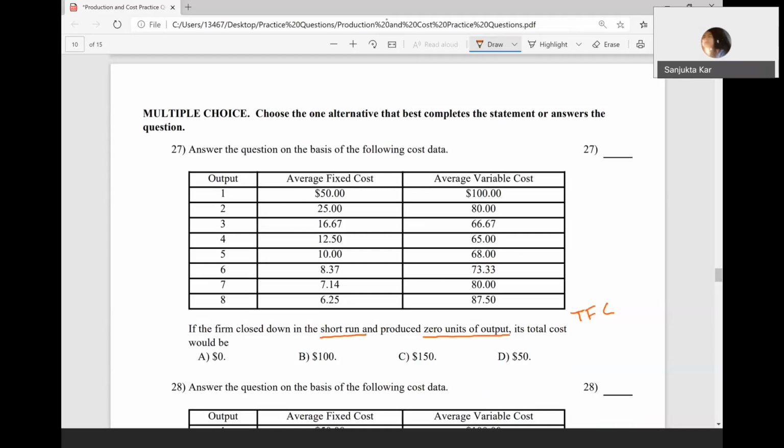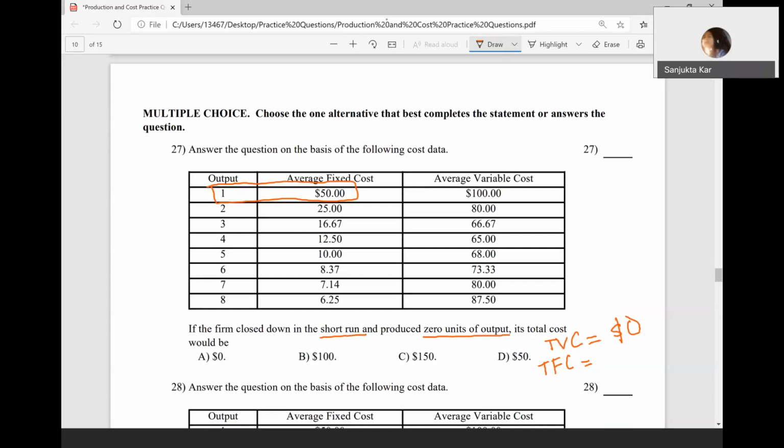Now, let's look at the question here. We are in the short run producing 0 units of output. All right, if we produce 0 units of output, the total variable cost is going to be equal to $0. But the total fixed cost is something which we need to find out from this table. Take a look at these numbers only. It says when output is 1, average fixed cost is $50.